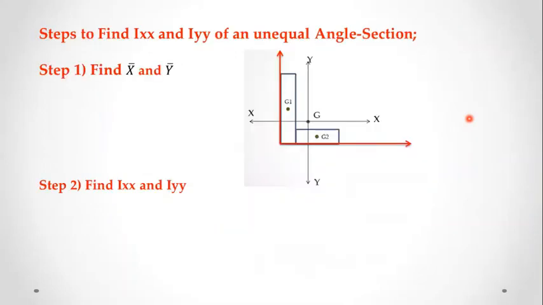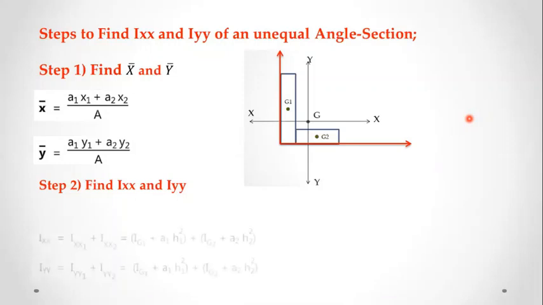So there are only two steps to find Ixx and Iyy of unequal angle section. Step number 1, find its center of gravity, that is G, meaning x bar and y bar. To find x bar and y bar, we have to use the standard formulas. Now, step number 2, Ixx and Iyy.